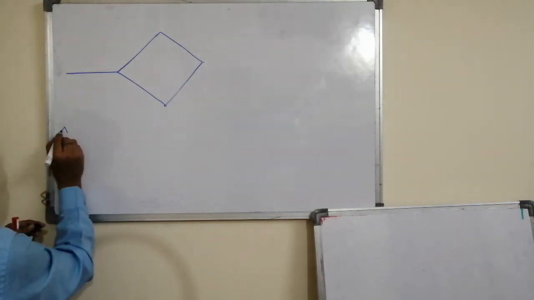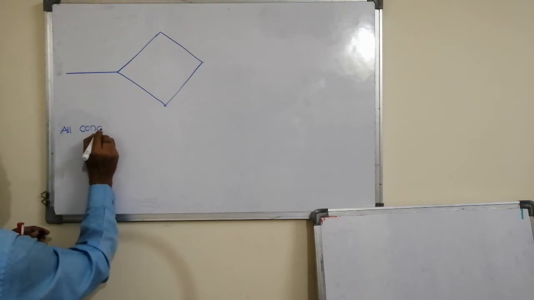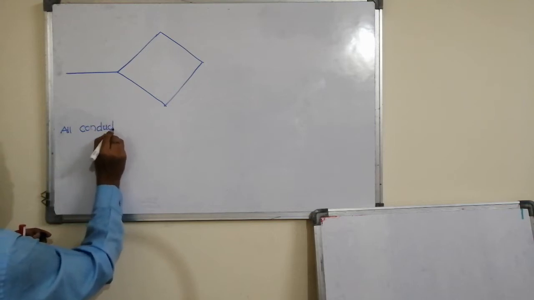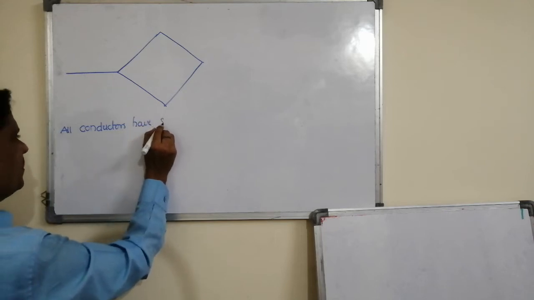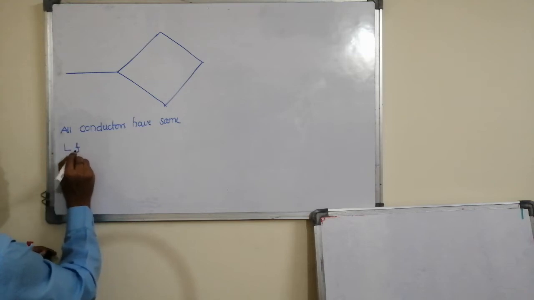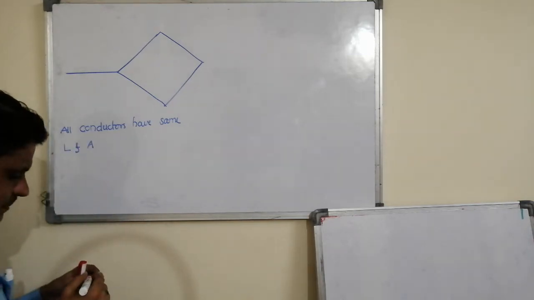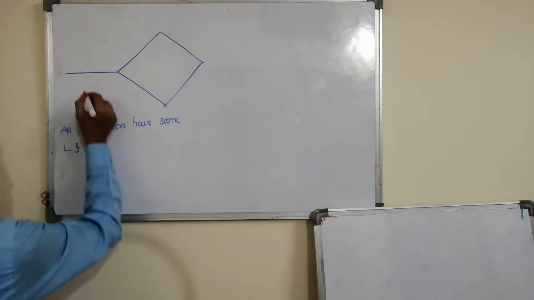See, all conductors have the same length and area of cross section, but they have different K. Suppose there are two types of conductors.